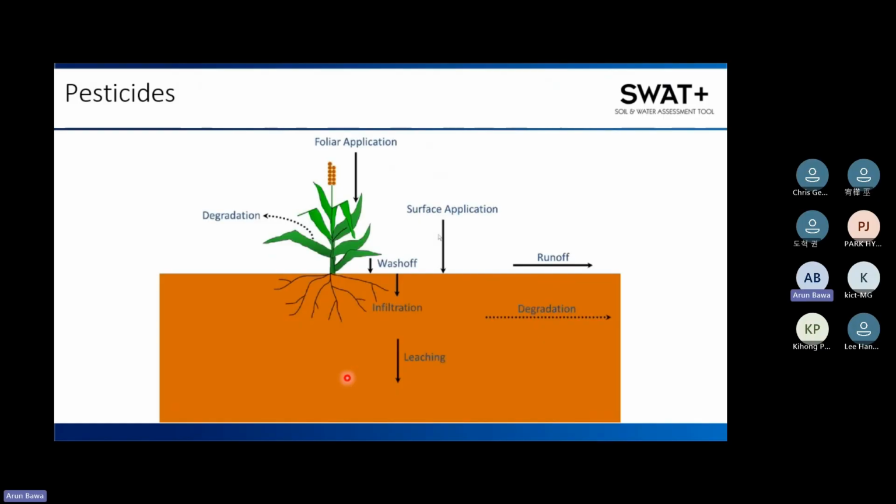Similarly, we have pesticides also. People are using them, so depending upon your plant growth at that time, you will apply the pesticide, and based on the leaf area index, it will determine how much is intercepted and utilized by the plant and how much is directly applied to the soil surface, and based on that, what would be the further fate, how much would go to the surface runoff, how much will enter infiltration and wash off.